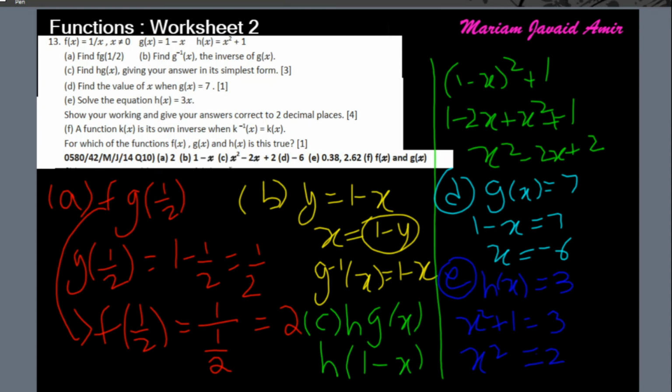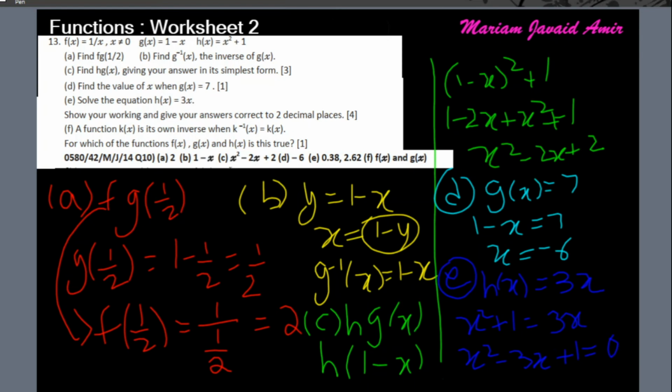Just a second, that was x square plus 1 equals 3x. This was 3x. So we need to fix this question a bit. This becomes a quadratic equation with 3 terms. So x square minus 3x plus 1 equals 0.